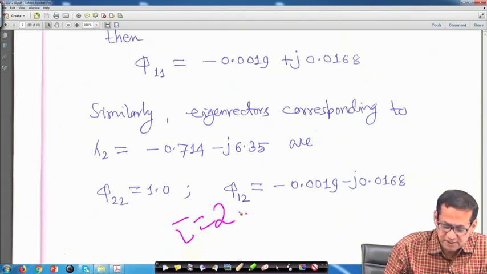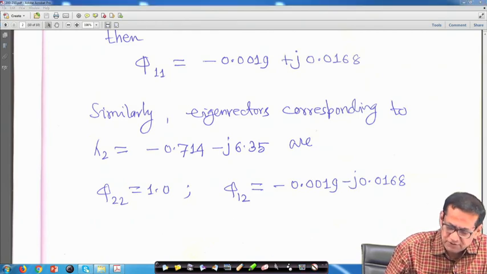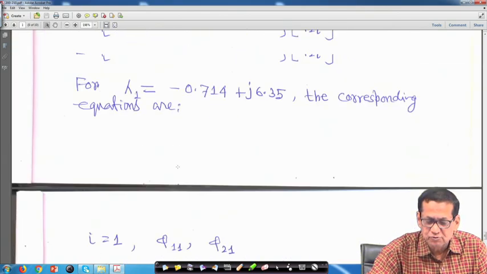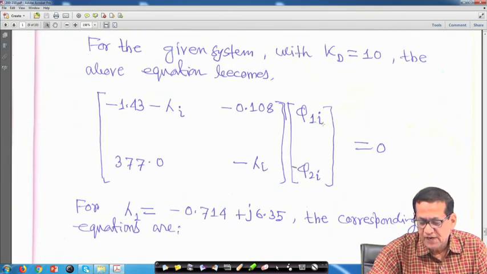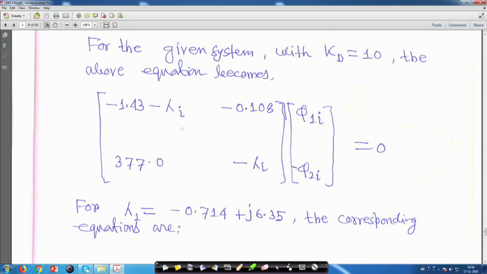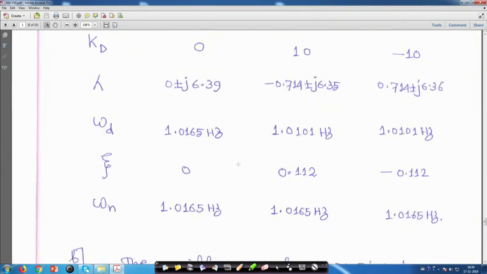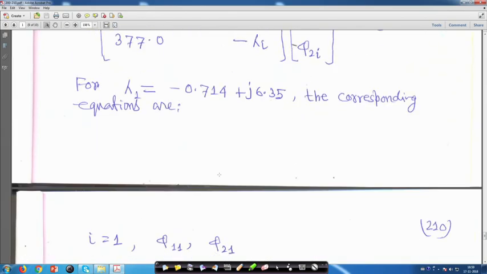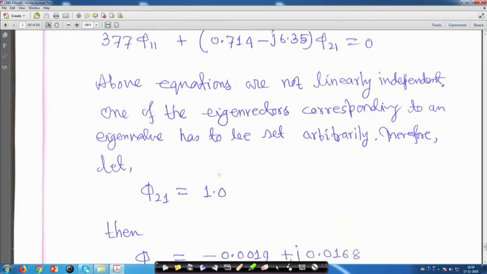If you go back to that equation, for i equal to 2, this is phi 1 2 and this is phi 2 2 and this will be lambda 2, and lambda 2 is equal to minus 0.714 minus j 6.35. Previous one was plus j 6.35, this is minus j 6.35, and you substitute.